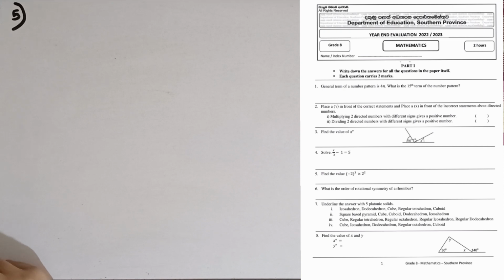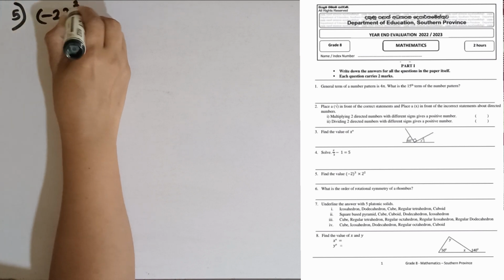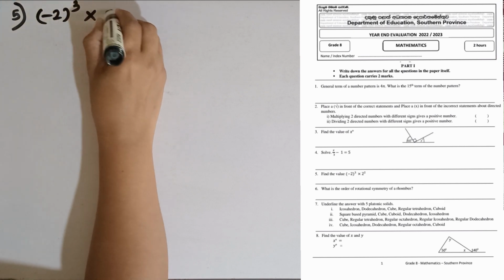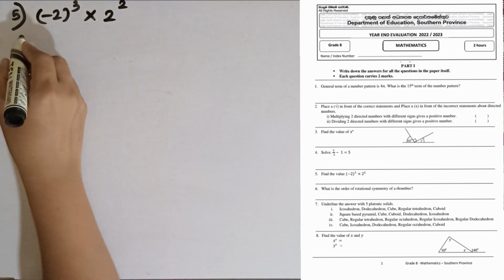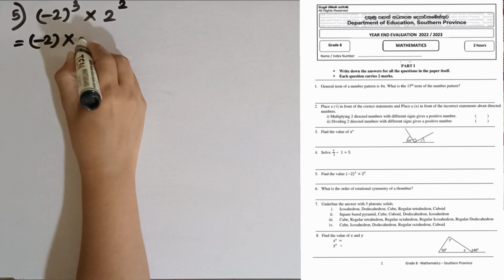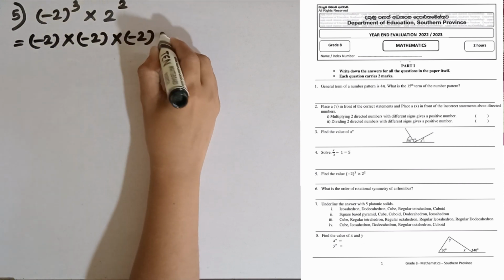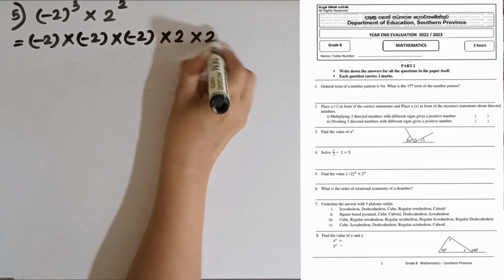Question number 5. Find the value of minus 2 to the power 3 times 2 to the power 2. If I expand this, minus 2 is multiplied 3 times. Then this one, 2 is multiplied 2 times.